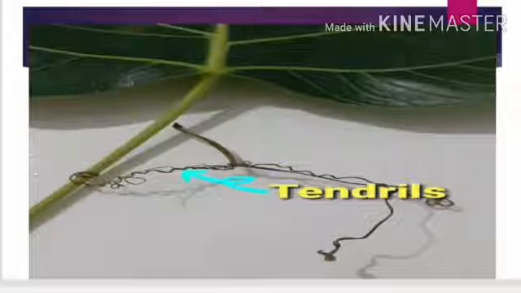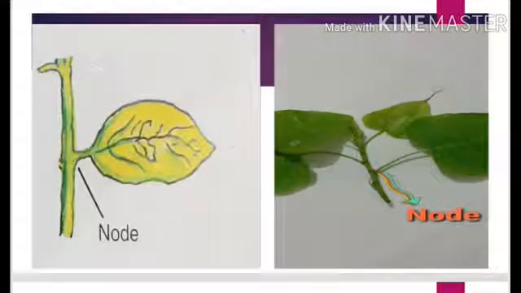Now let's come to today's topic. Node is the place on the stem from where leaves start arising.